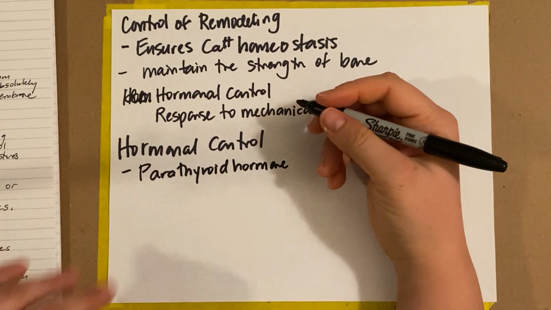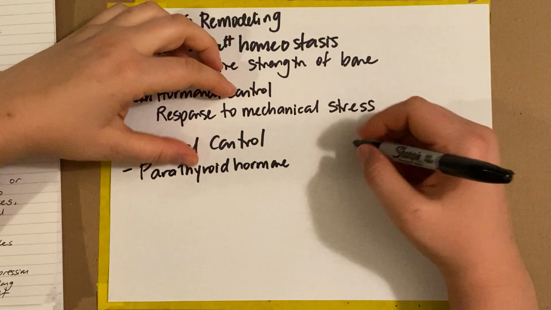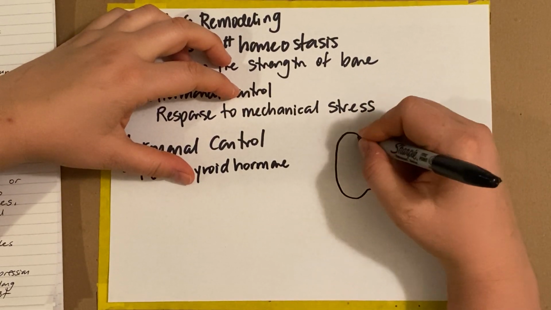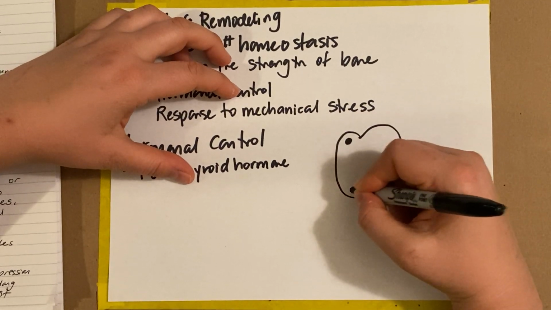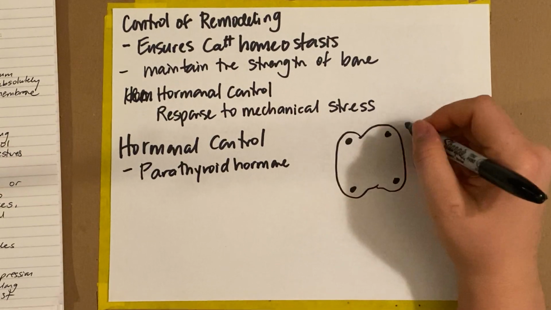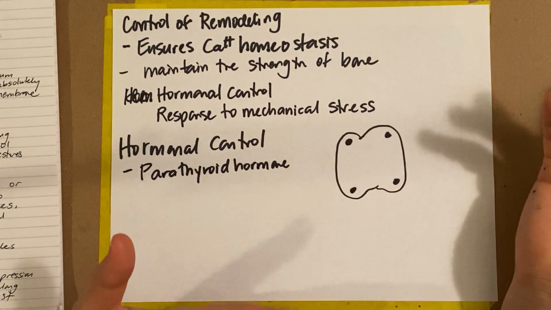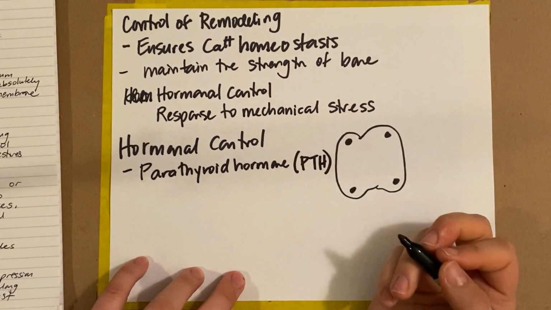Let me just draw it. We have our thyroid, and then we have these little four spots of other tissue growth that are the parathyroids. And so they're going to secrete this parathyroid hormone. You can call this PTH, okay?